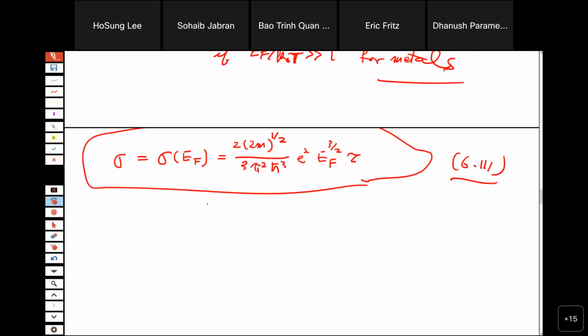Gold. Do you remember whether you can find the Fermi energy? Yes or no? Answer. No one remembers? If you remember, say yes.